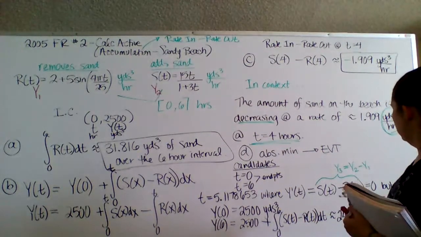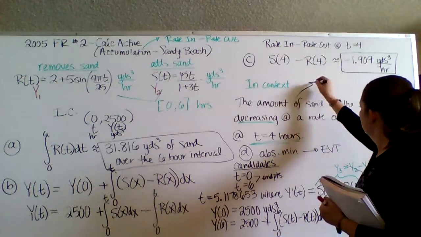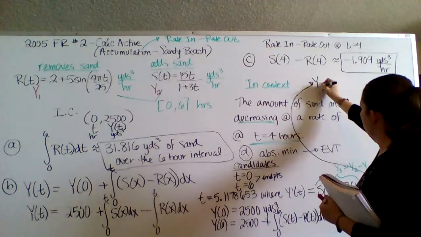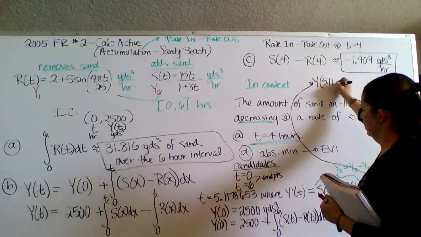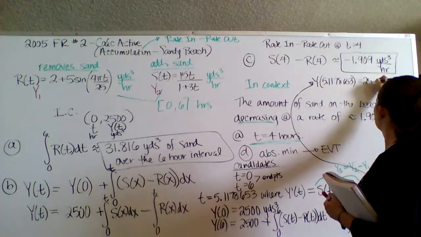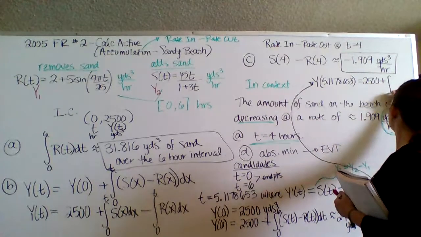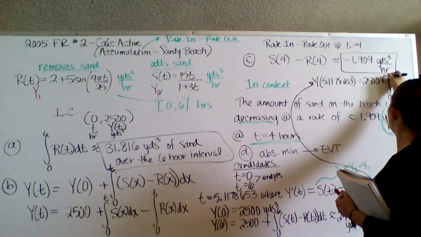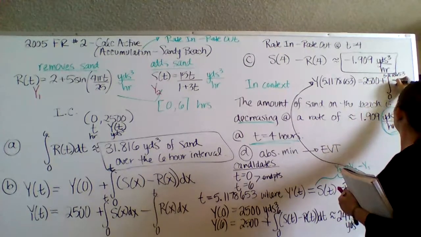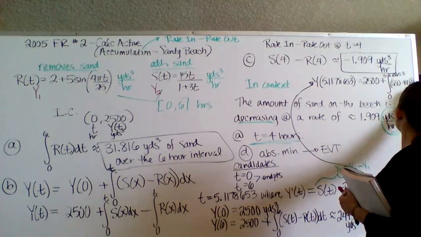Okay? So I'm kind of running out of space a little bit. I'm going to come up here. So way up here, the last one would be y of that 5.1178653, which would be the initial condition, 2,500 cubic yards of sand, plus the antiderivative from 0 to that number, 5.1178653, of s of t minus r of t dt.